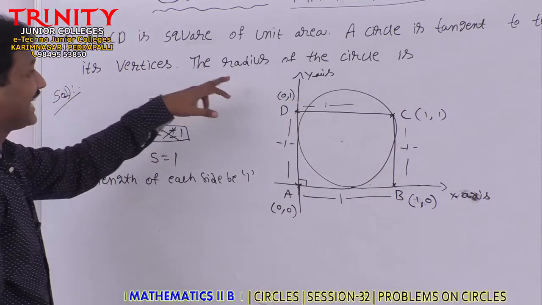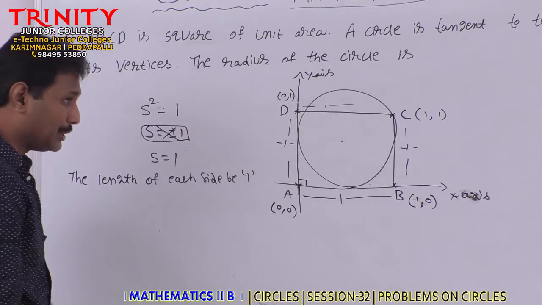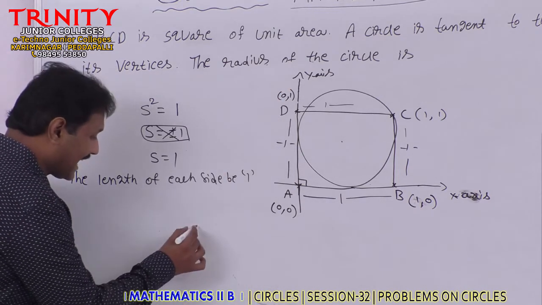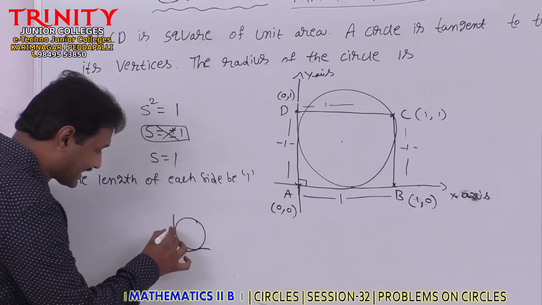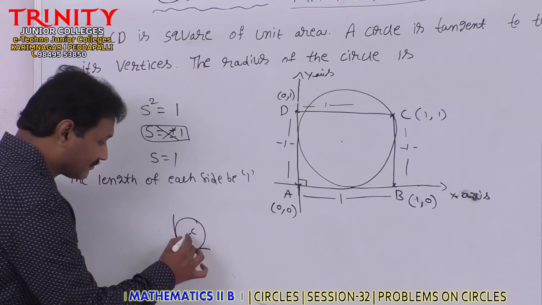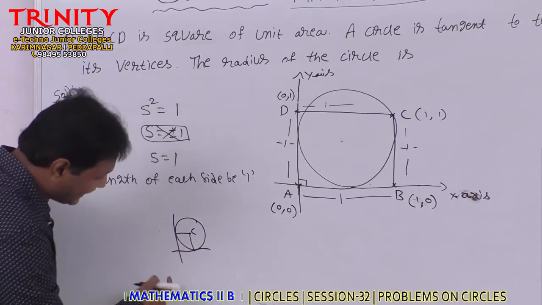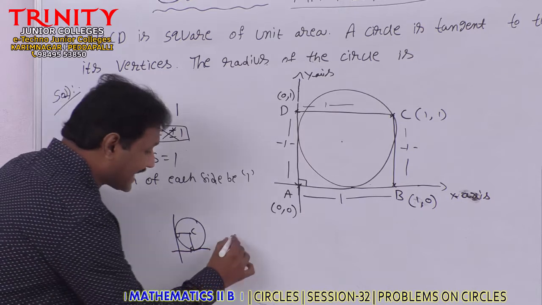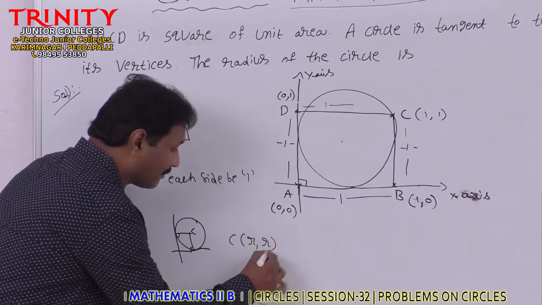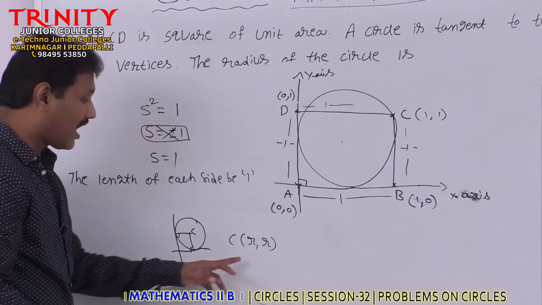Now the radius of the circle: we know from the previous concept that any circle that touches both the coordinate axes has its center at (R, R).